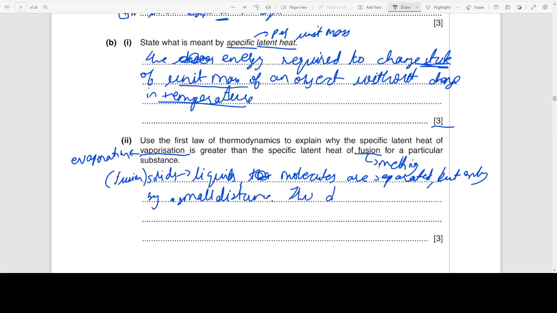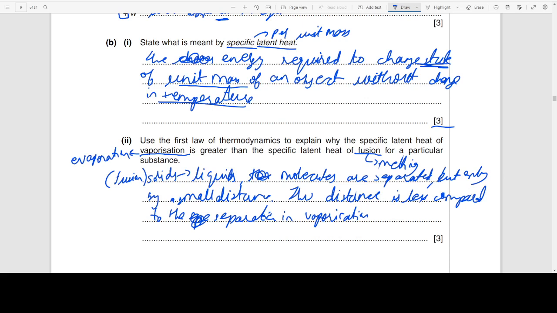This distance is less compared to the separation in vaporization. So in short, I'm just trying to say that there is more separation of molecules in vaporization compared to fusion. That's why more energy is required.